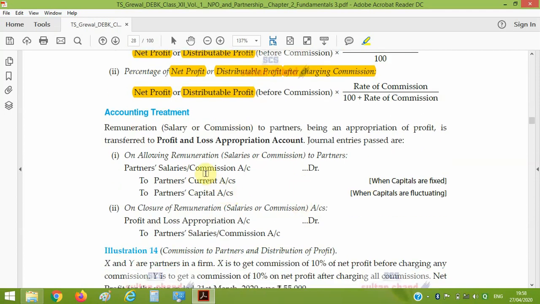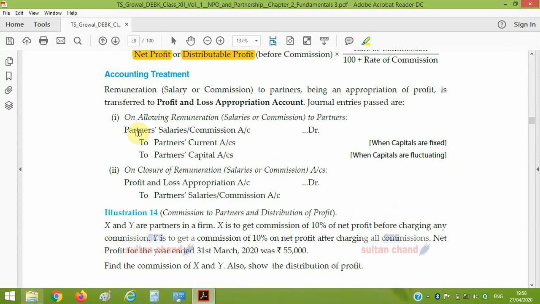As far as accounting treatment is concerned, when we give remuneration to partners, whether it is salary or commission, the entry will be partners' salaries or commission account debit to partners' current account or capital account, depending upon the question. If capitals are fixed, then it will be the partners' current account, and if capitals are fluctuating, then it will be the partners' capital account.